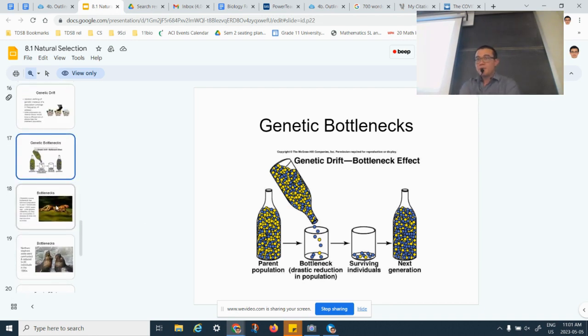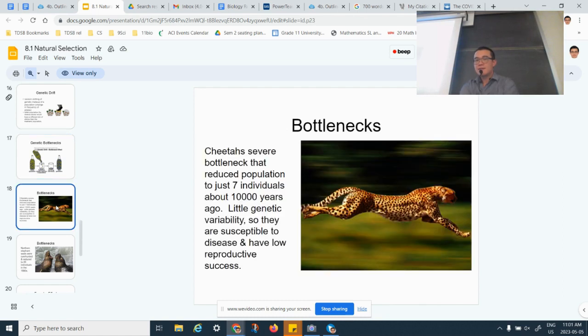Now, some examples of bottleneck events. A lot of times this happens with endangered species. 10,000 years ago, there were only about 7 individuals left. This was determined by genetic analysis. We certainly weren't keeping records 10,000 years ago.